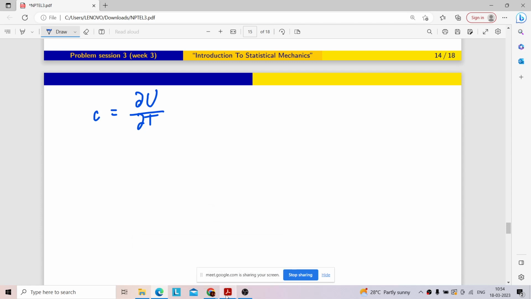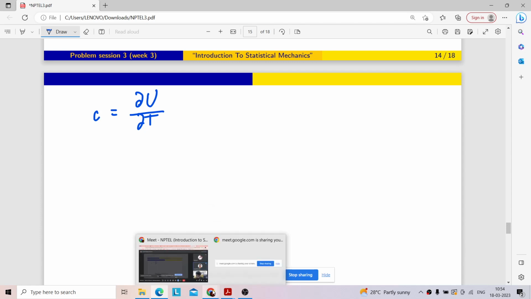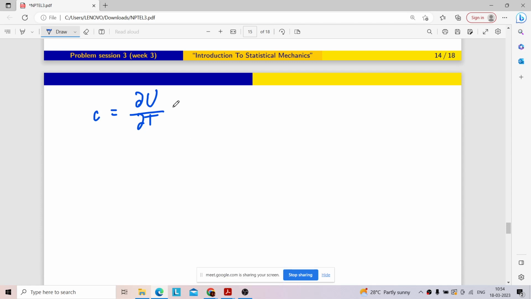So this U, I can write it as I have defined small u previously. Small u is capital U over V. So I can get capital U from here. This will be small u times V. I am assuming volume is constant, so I can take V outside.